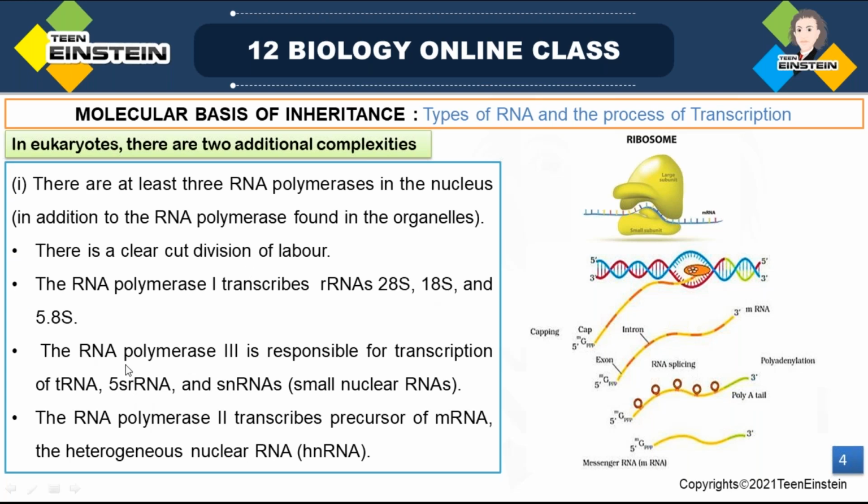RNA polymerase 3 transcribes tRNA, 5S rRNA and snRNA, small nuclear RNA. RNA polymerase 2 transcribes the precursor of mRNA, the heterogeneous nuclear RNA or hnRNA.